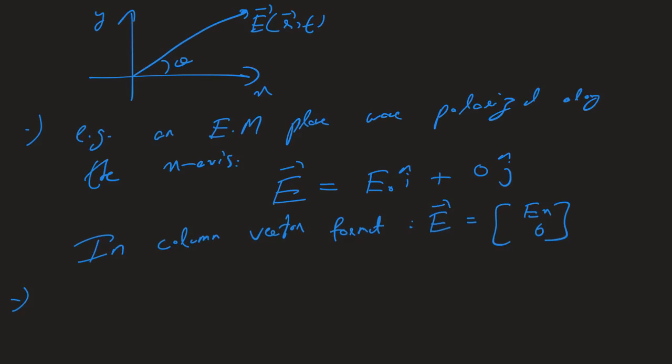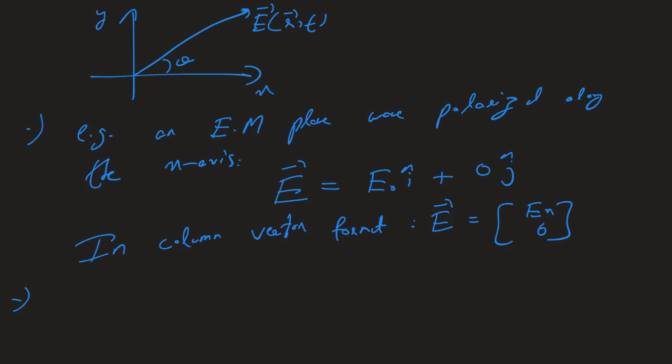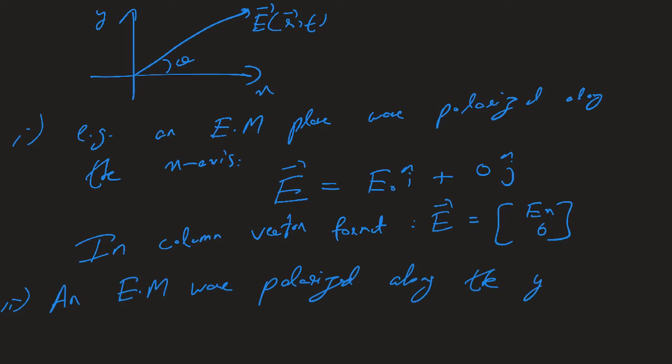Let's say this is case 1. Similarly, in case 2, let's say you have an EM wave polarized along the y-axis, and in this case we can just write the electric field vector as 0, Ey.